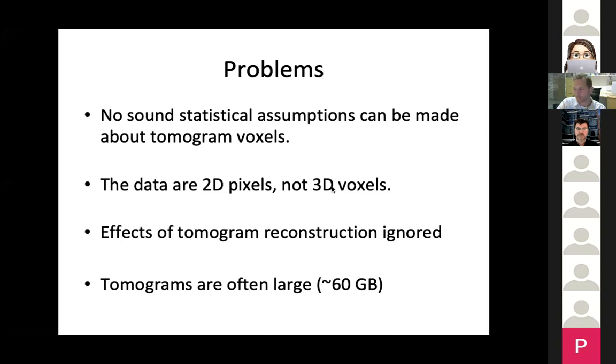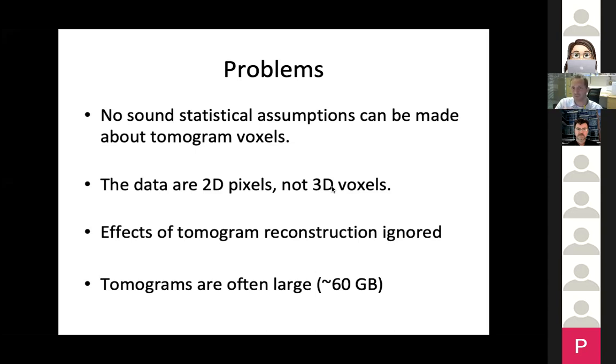One problem was that the previous approach in RELION assumed nothing about the raw two-dimensional pixel values in the tilt series, but the statistical assumptions that were made were on the tomogram, on the 3D tomogram voxels. But of course, the raw data is actually 2D, and the concept of a 3D CTF isn't really correct.